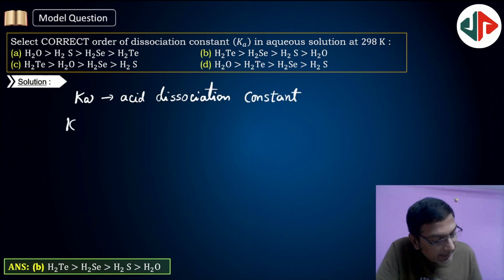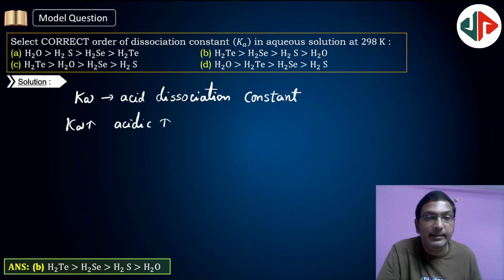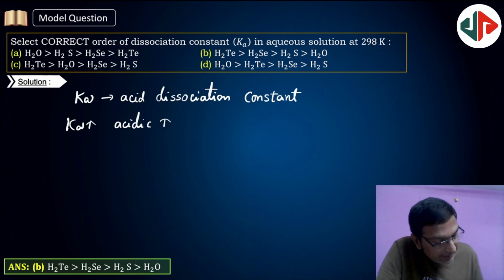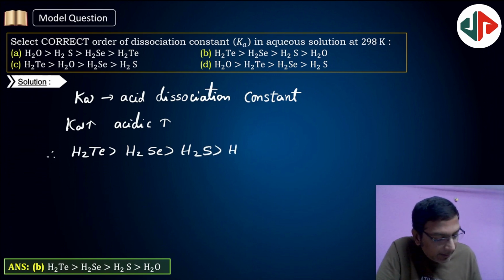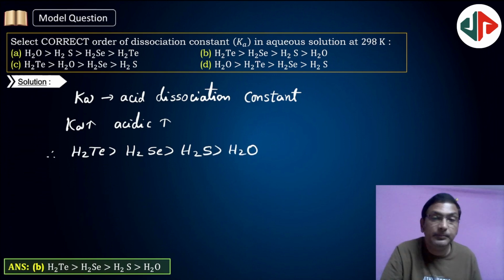So as the Ka value increases, acidic nature also increases. So acidic nature order: H2Te, H2Se, H2S and H2O.